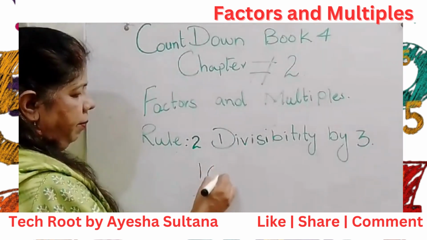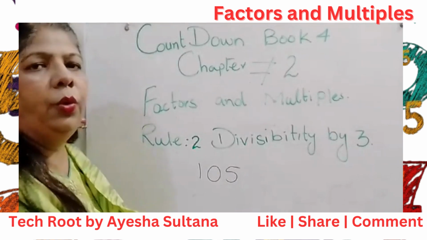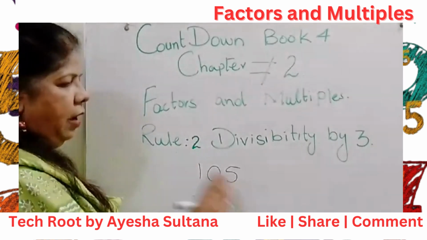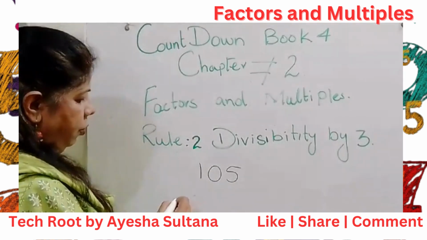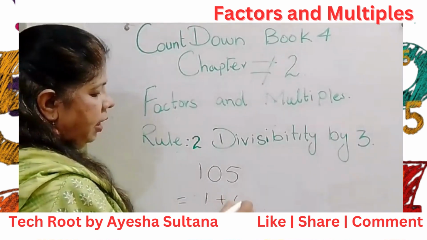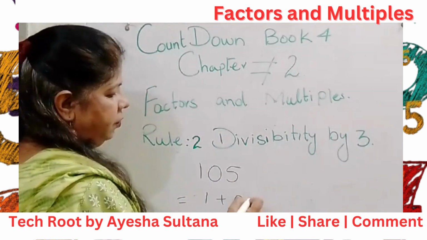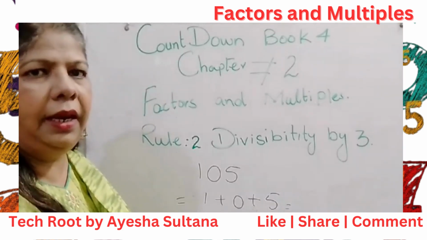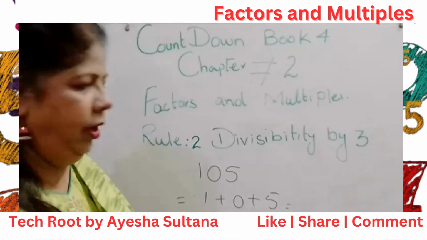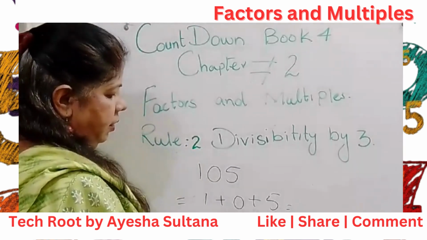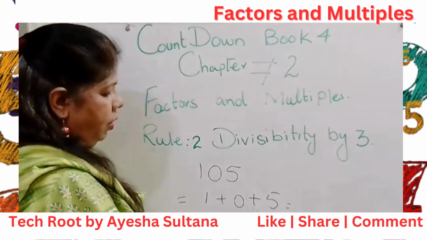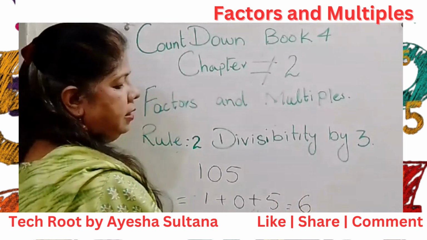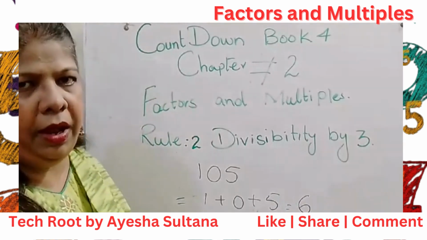To know whether it divides by 3 easily or not, we just have to add the digits: 1 plus 0 plus 5. If the sum comes in the table of 3, then the number is easily divided by 3. 1 plus 0 is 1, and 1 plus 5 is 6. So this 6 is divisible by 3.